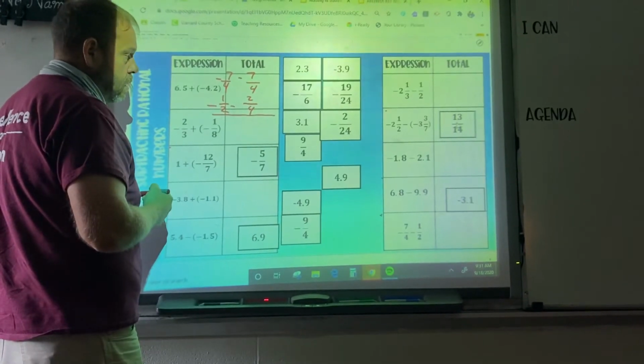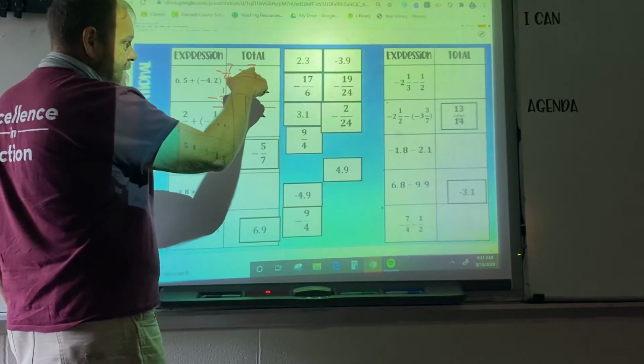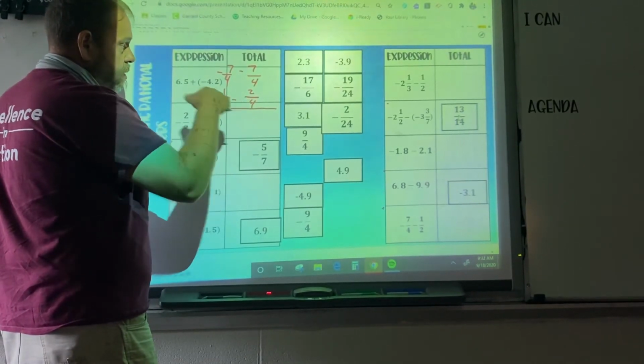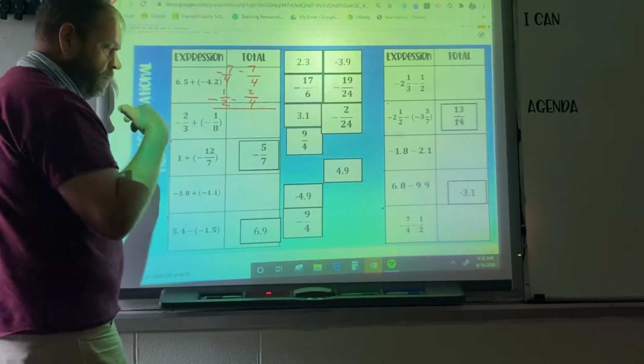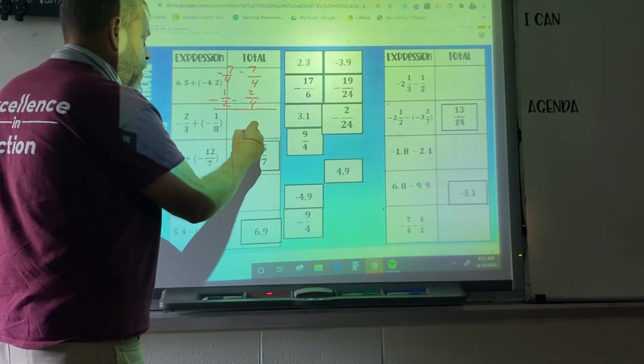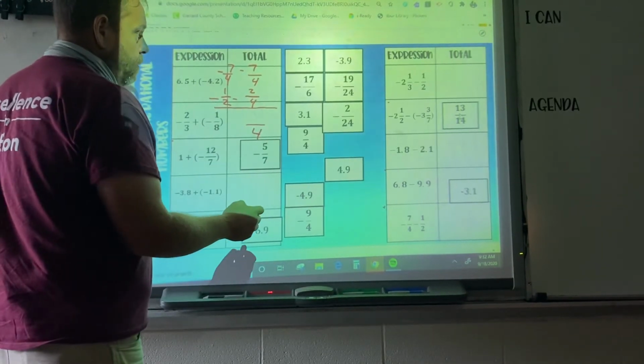All right, make sure I'm doing everything right. Okay, so I've got negative 7, and I'm going to subtract 2 from it. And I know my denominator is going to be a 4. So right now, I'm down to only 2 choices I could make.